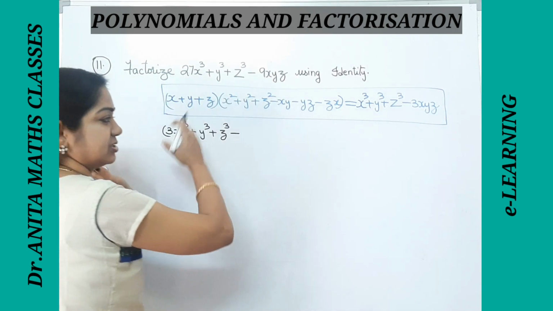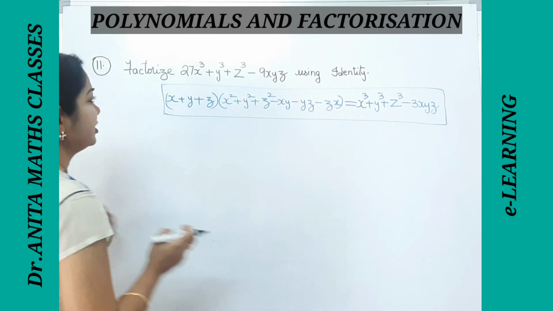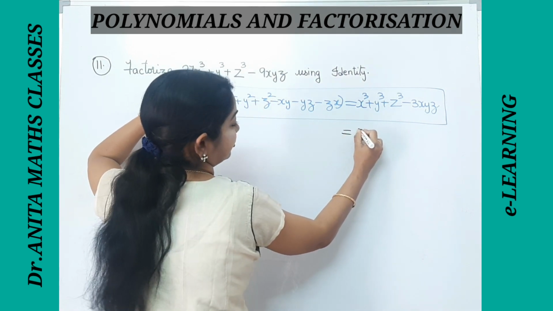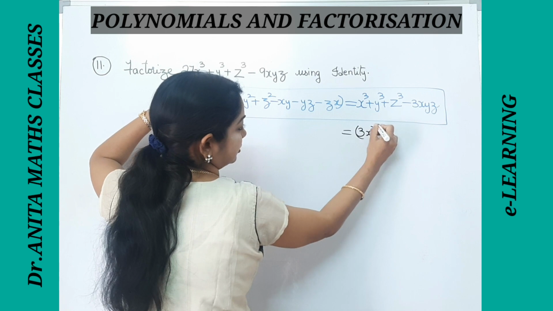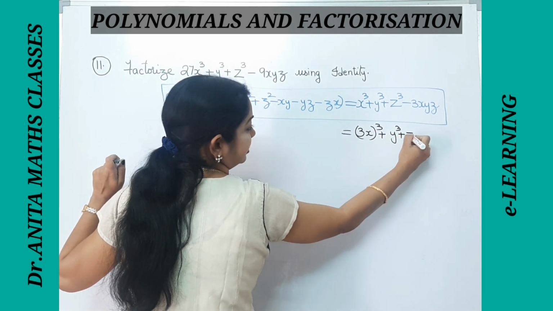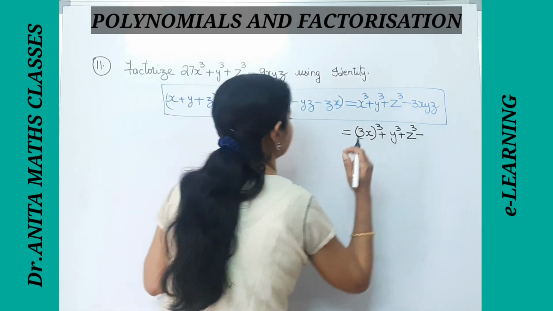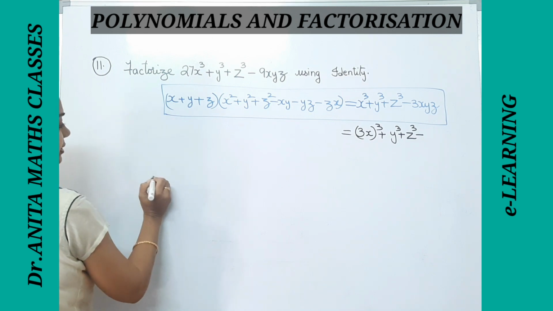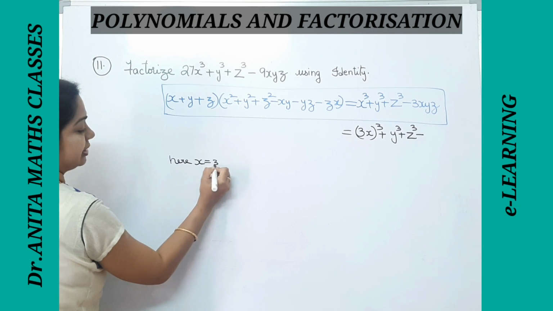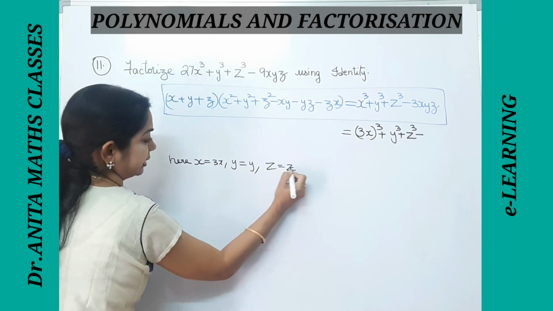Okay, so minus. See the RHS part of the equation. Now here I am writing this to this side, or else if you are getting confused, let me write here. Let us suppose this as 3x. 3x whole cube, so y is y cube and z is z cube as it is, minus. If I am supposing this as x, here x equal to 3x, y equal to y and z equal to z only.